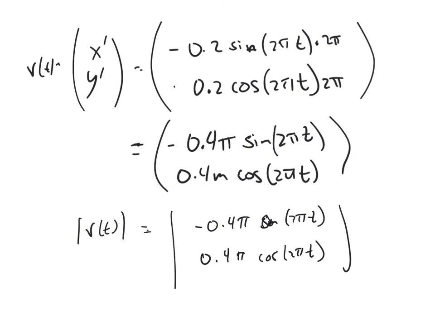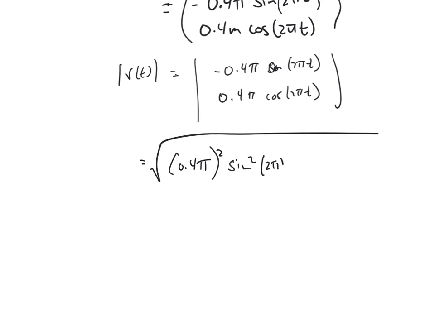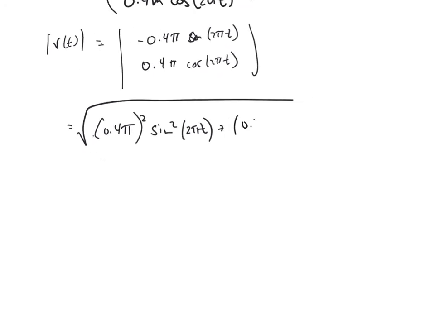I'm going to go square root of 0.4 pi squared sine squared 2 pi t plus, and I ignored the negative because it's squared, 0.4 pi squared cosine squared 2 pi t.